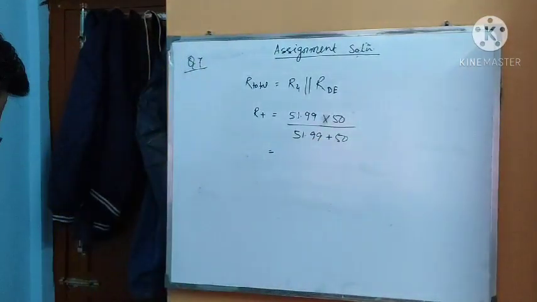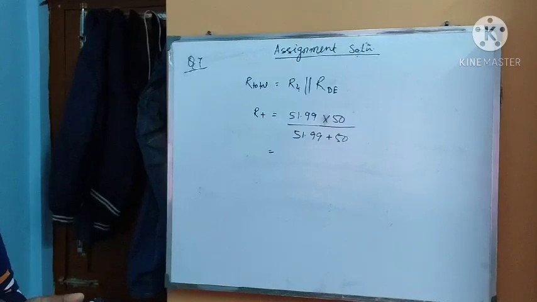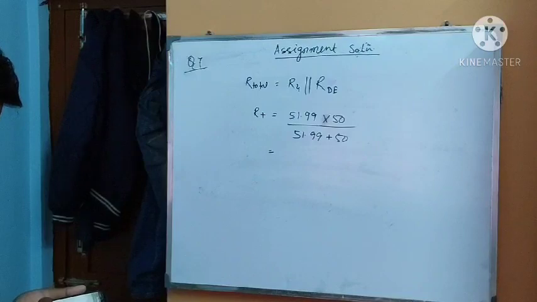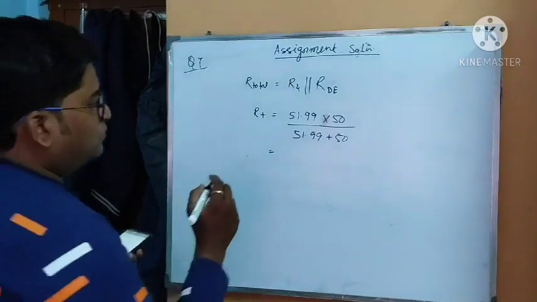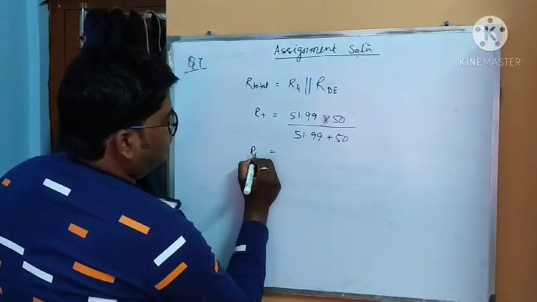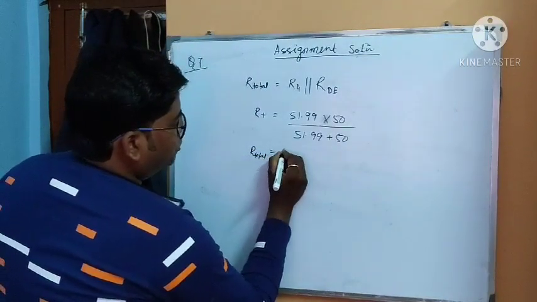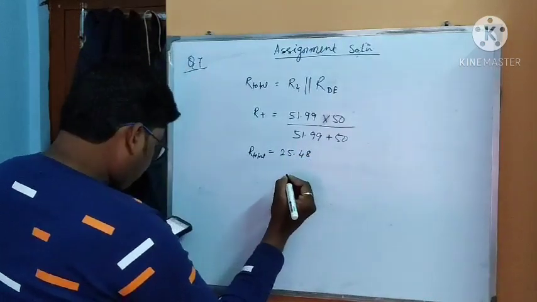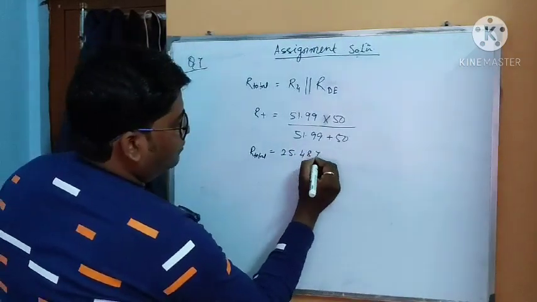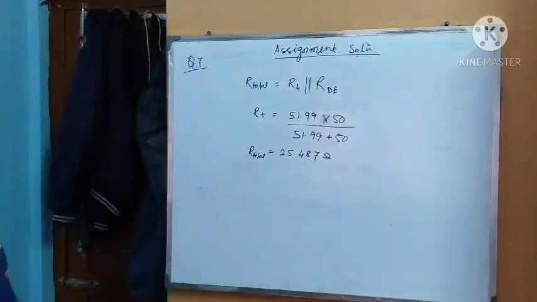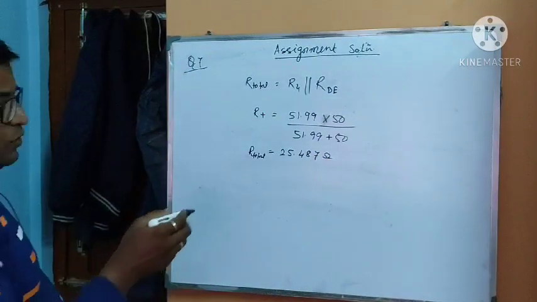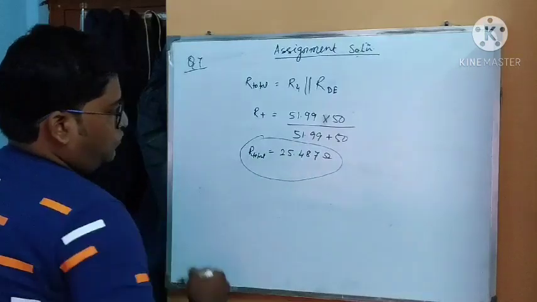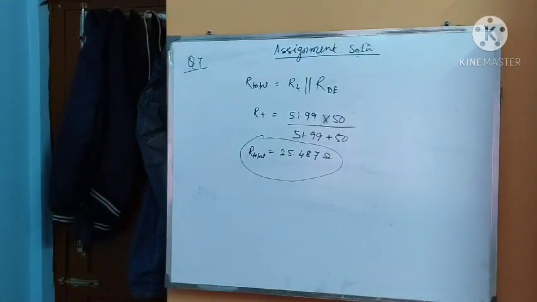Okay, and simplification of this combination will give you the value of total resistance, which is 25.487 ohm. So R total is equal to 25.487 ohm.